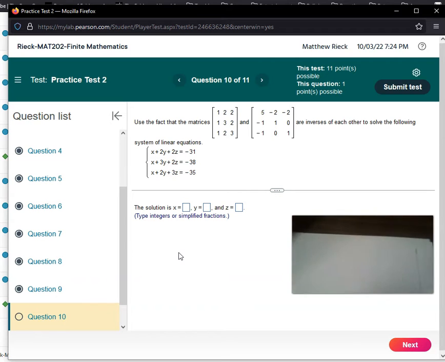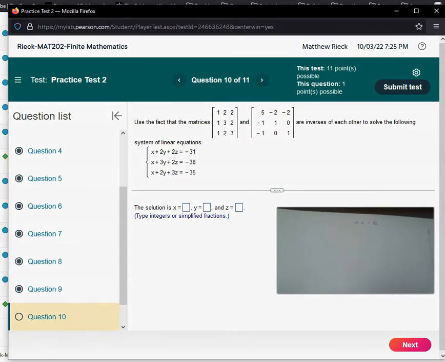So we talked about matrix inverses. If you have a matrix inverse, you can rewrite a system of equations as a matrix equation.